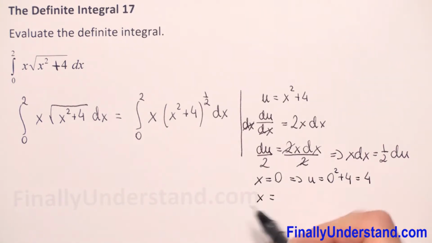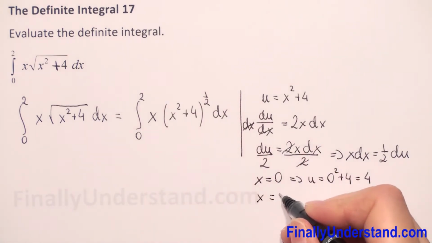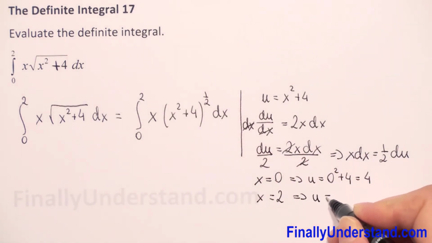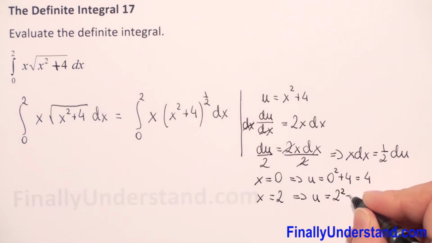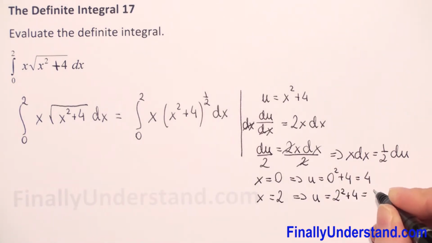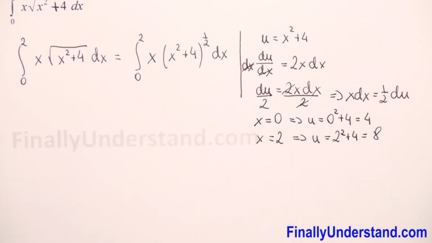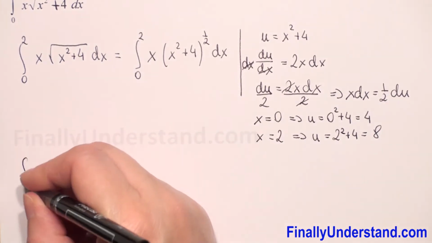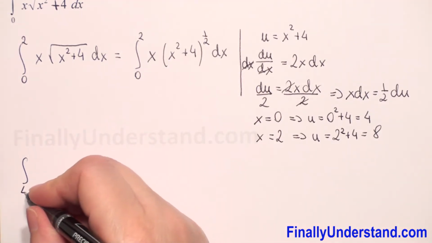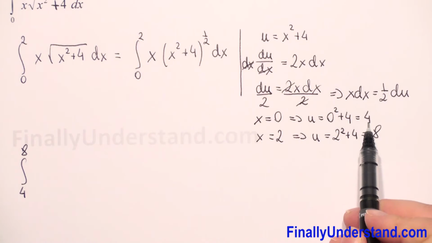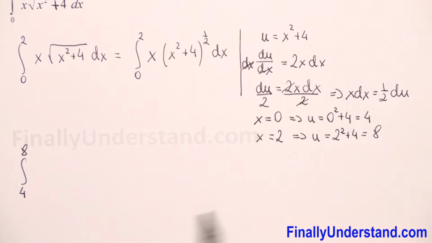For x equals 2, we have upper limit, so it will be u is equal 2 squared plus 4, this is equal 8. Now we can rewrite our integral. Will be now from 4 to 8, because 0 we have to substitute by 4 and 2 by 8.